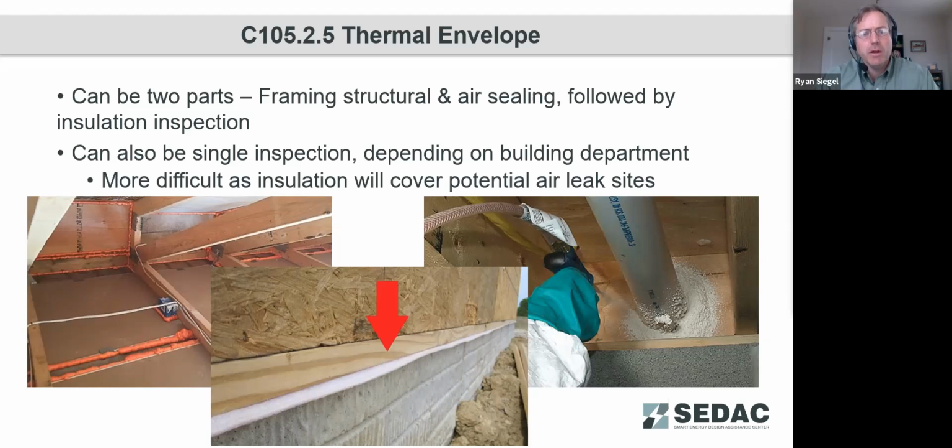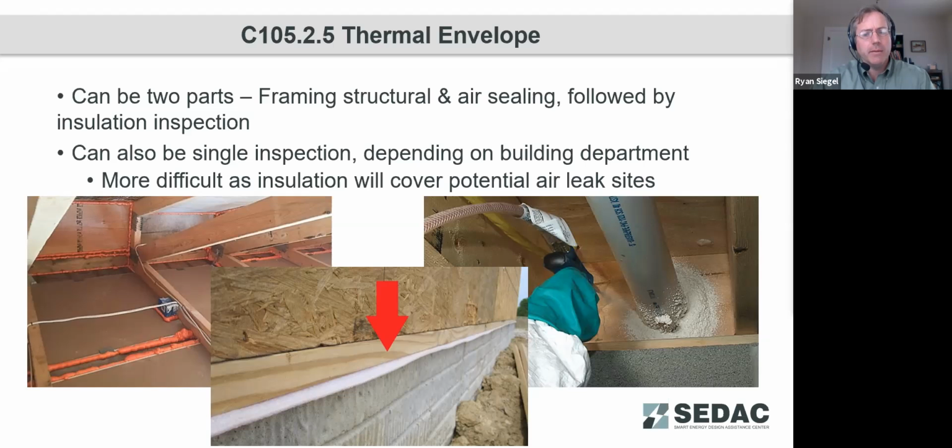So this may be done in stages and phases during some of those inspections. If it is done in 2 parts, which may also be very beneficial and perhaps a good practice, breaking this up into our framing and structural and our air sealing as one inspection, and then the insulation inspection being done at a separate time.